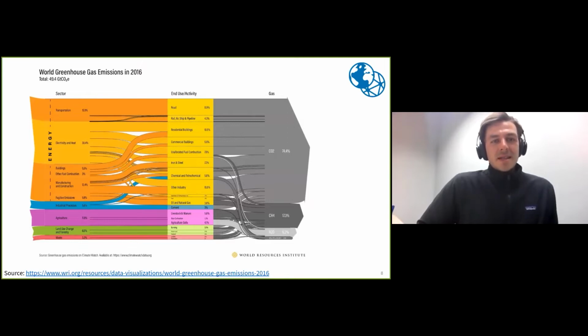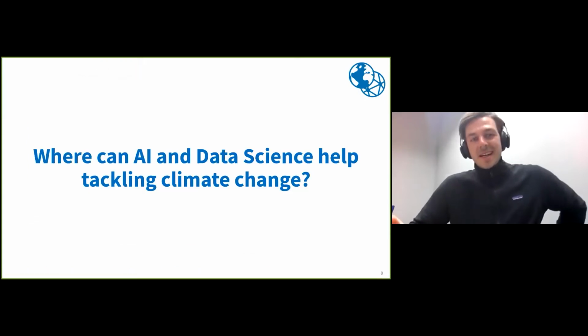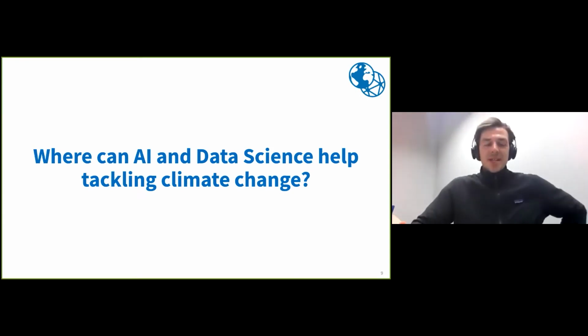And this looks like there are so many problems, which is true, but this also means there are many possibilities for us to work on and to try to reduce these emissions. So where can AI and data science help to tackle climate change, to reduce the greenhouse gas emissions and to increase the adaptation?